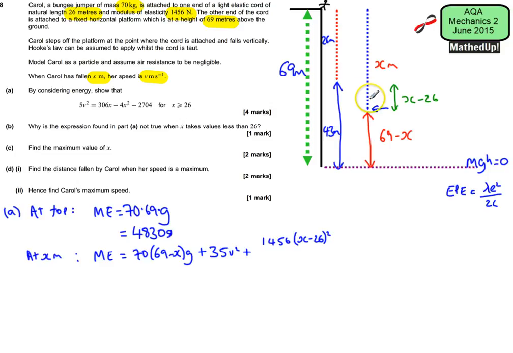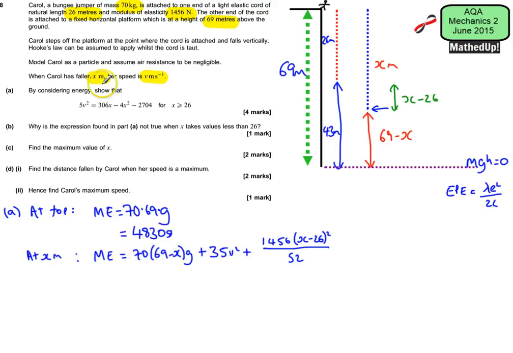So how much it's extended by, our extension E, is going to be this whole X subtract that 26. So that's where that X take away 26 comes from. X take away 26 squared divided by 2L. So 2 times our natural length, it's going to be 2 times 26, which is 52. Okay, so that's what our energy is going to be at X.